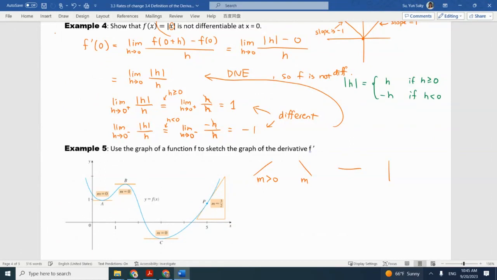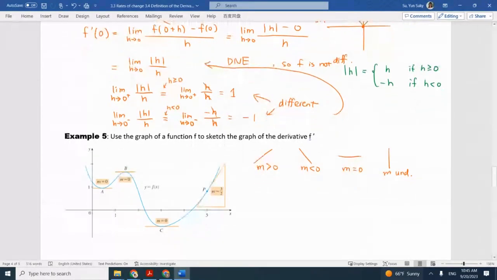Positive, next one, negative, this one. Horizontal line, slope is 0. Last one. Undefined, yes. So derivative is the slope of the tangent line, right, everybody?